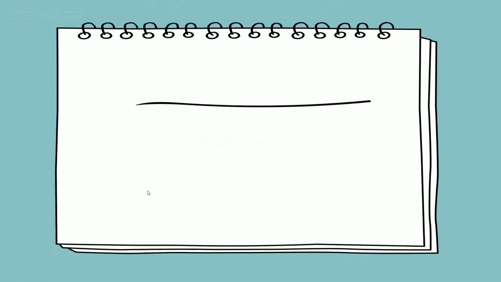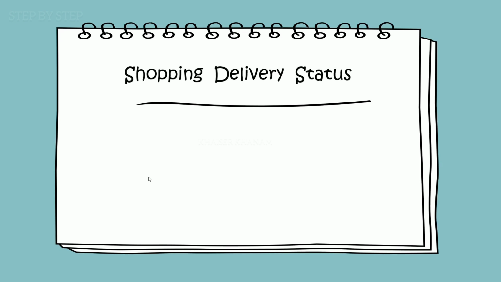Now imagine you have ordered something in Amazon and you have already ordered, you have made the payment. Now we just want to see the delivery status of that. So we will be getting item is packed, item is on the way, and also delivery is completed. Okay, these are the statuses we are already aware of.